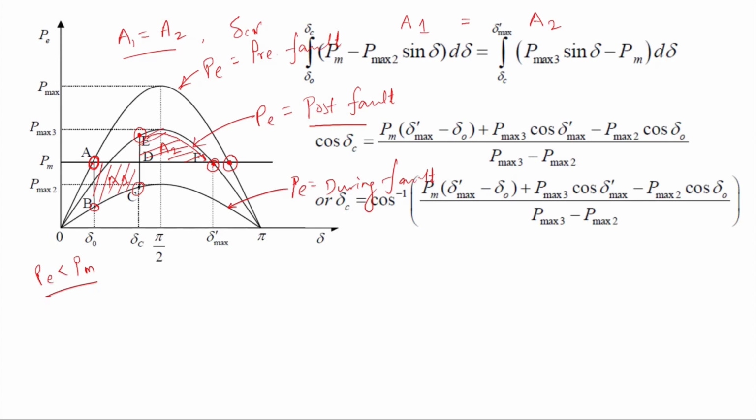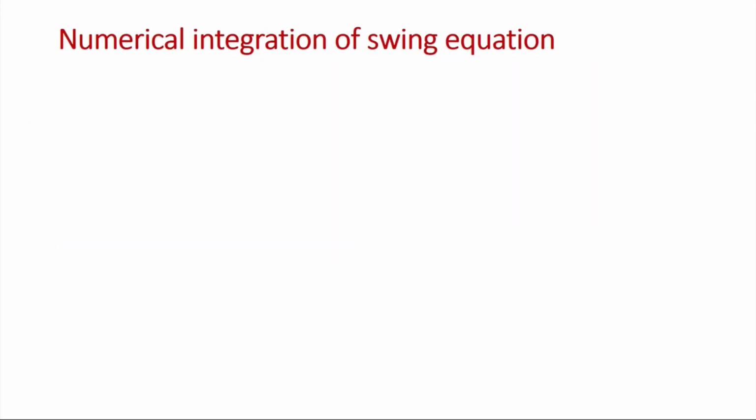Now we'll move to the direct method for assessment of transient stability. So what is the direct method? We talked about it in the last class. The direct method is the numerical integration of the swing equation.